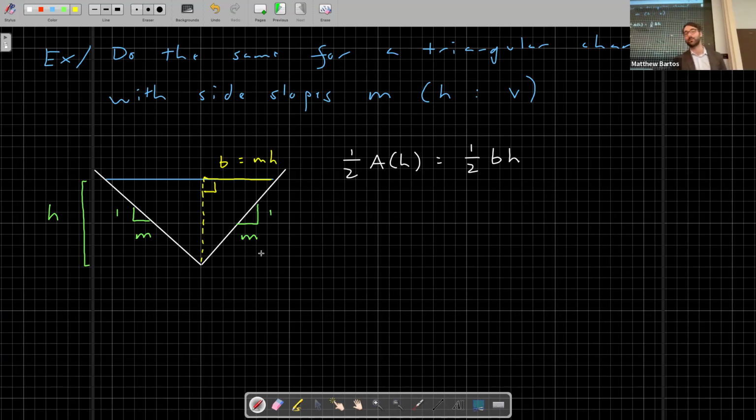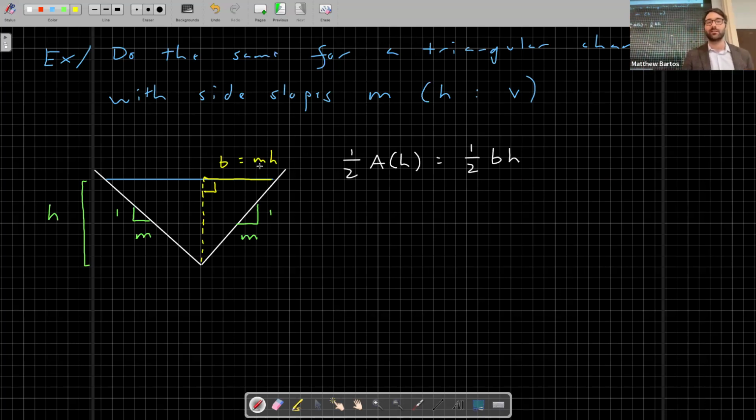So note that based on the side slope here, for every 1 unit we move in the vertical direction, we move over M as in mountain in the horizontal direction. So if we move over H in the vertical direction, that means we move M times H in the horizontal direction.